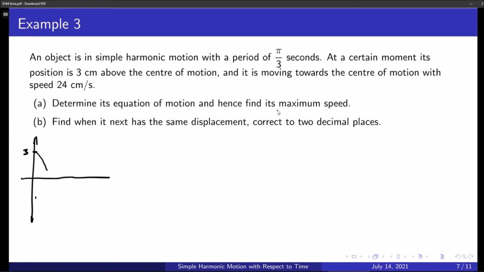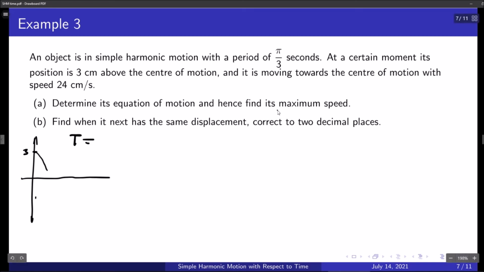Okay, but we don't actually know the overall shape of the curve yet because we don't have that information. But what we do have is the period.